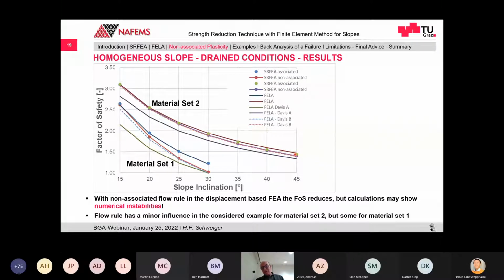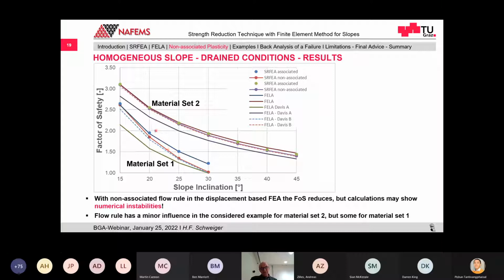Now the friction angle is low, it's 25 degrees, so the difference between associated and non-associated is not that large. However, if you apply the Davis A, or the original Davis configuration, you are very conservative.